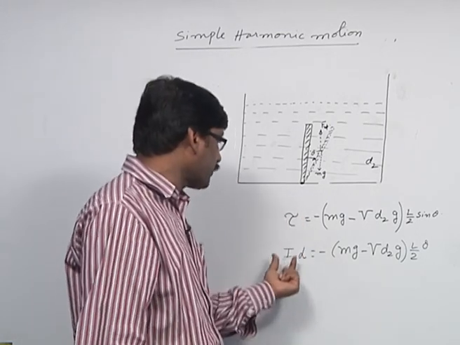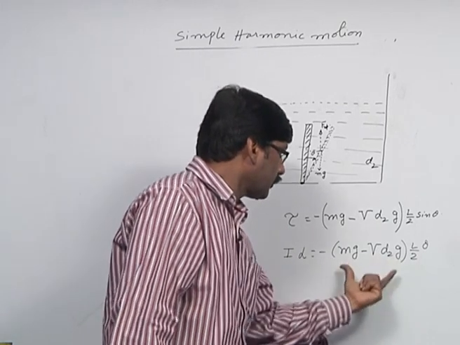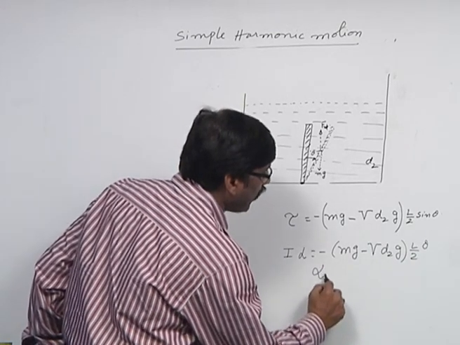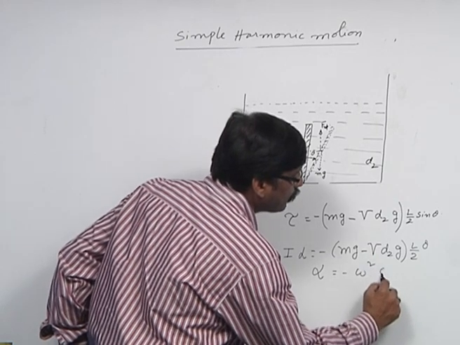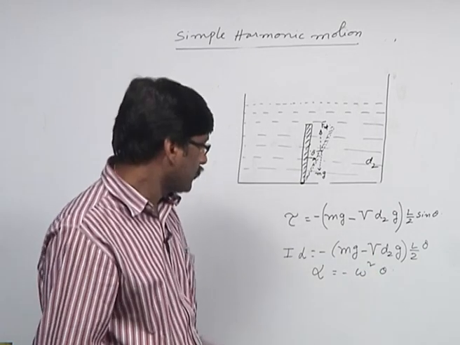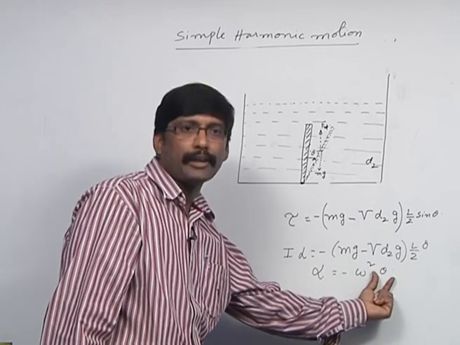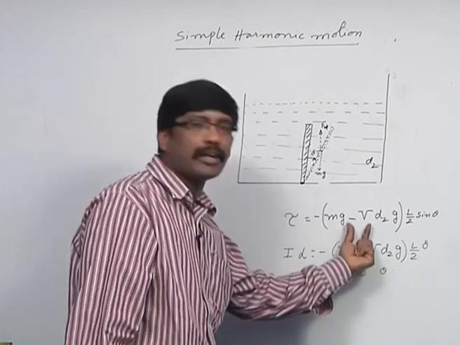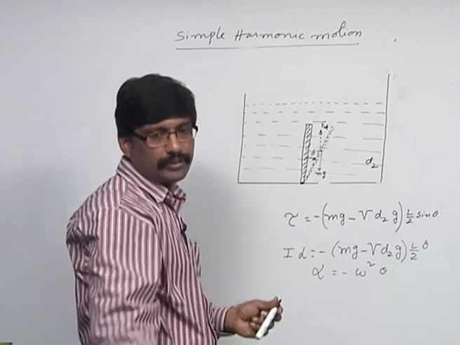We know that tau is equal to I alpha. I alpha is equal to some constant into theta. From this, we can again prove that angular acceleration alpha is equal to minus omega square into theta. Angular acceleration is directly proportional to angular displacement. From this proportional constant equated to omega square, we can find out with what frequency it oscillates.